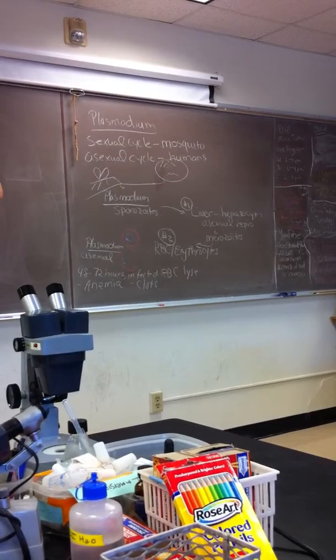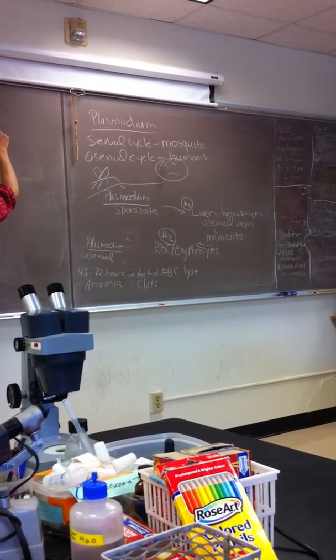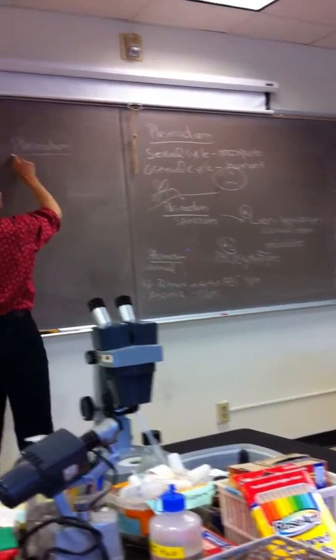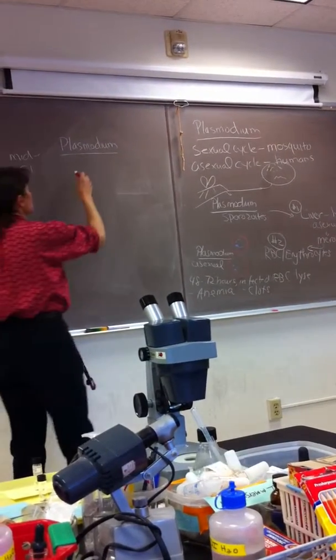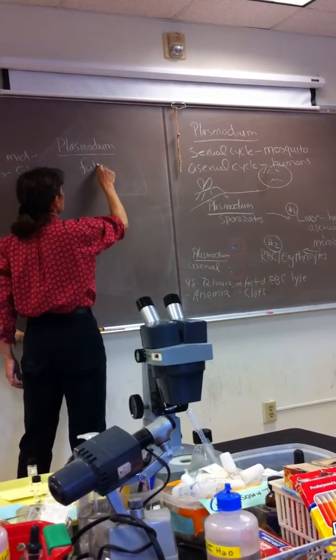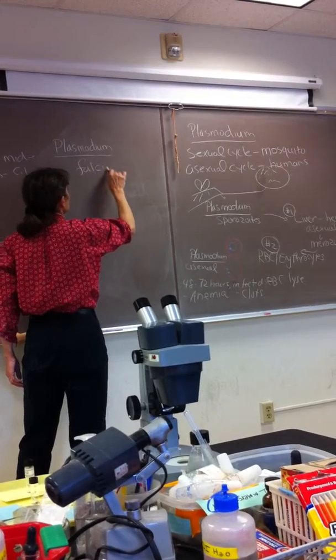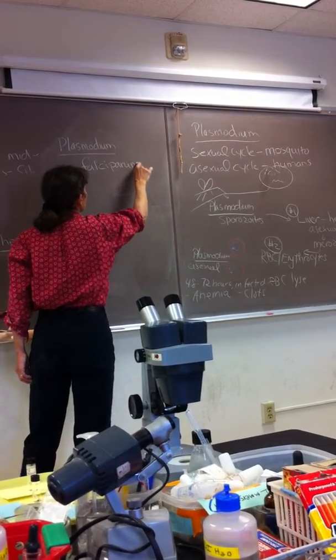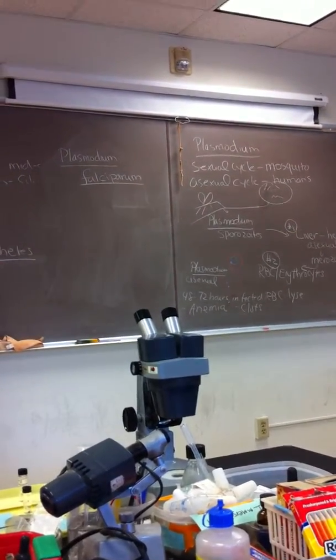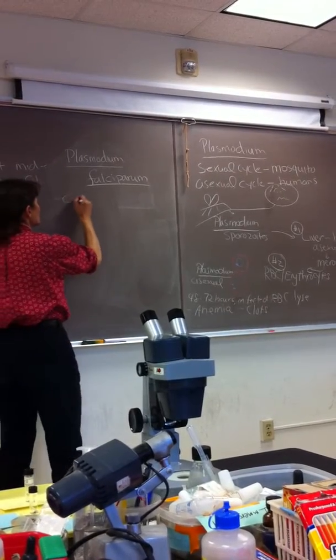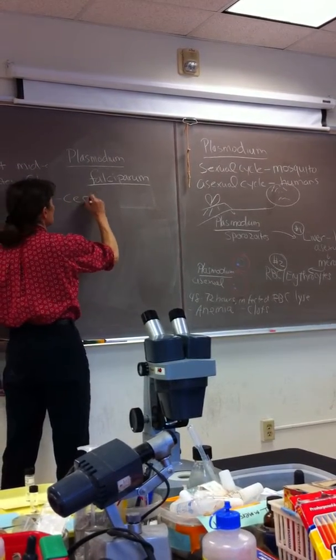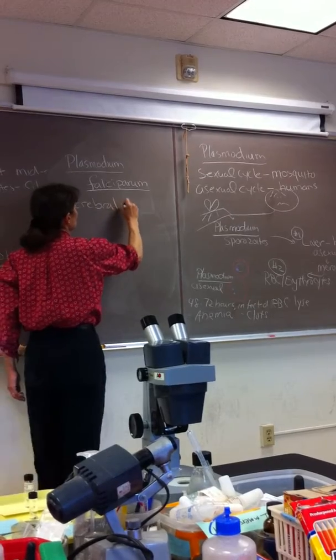Okay, so I would like you guys to know this. The most virulent species of Plasmodium is called Plasmodium falciparum, or falciparum. And this malarial parasite is notorious for causing cerebral malaria.